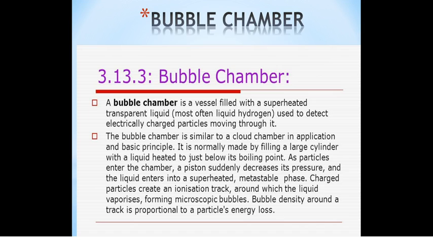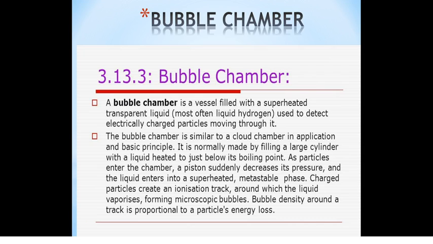Again, this is made up of a large cylinder with a liquid which is heated to just below its boiling point. Inside the cloud chamber we had a mixture of gas.